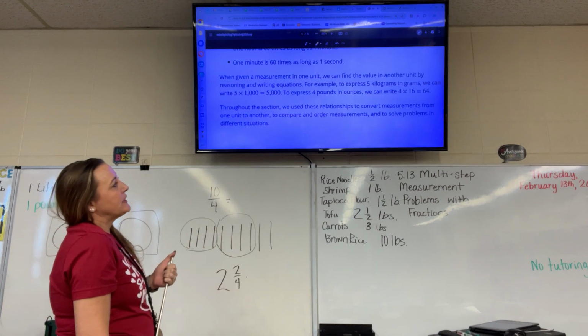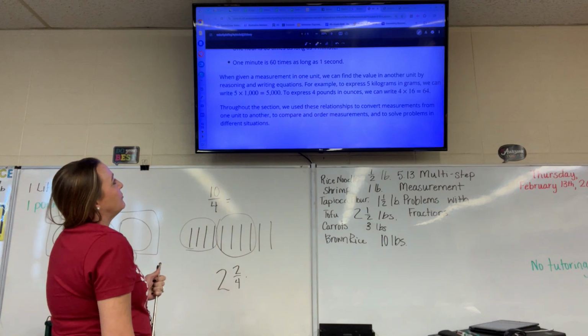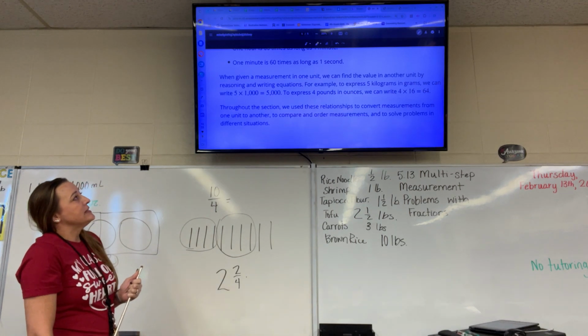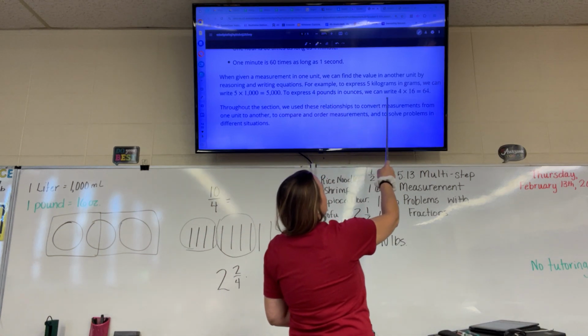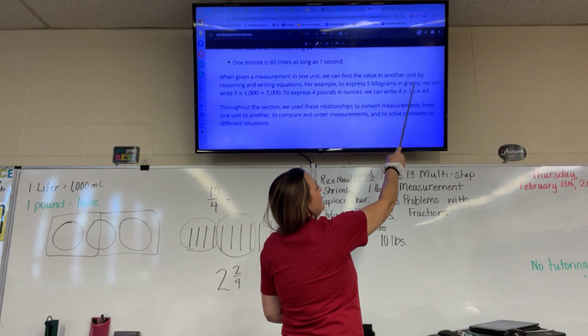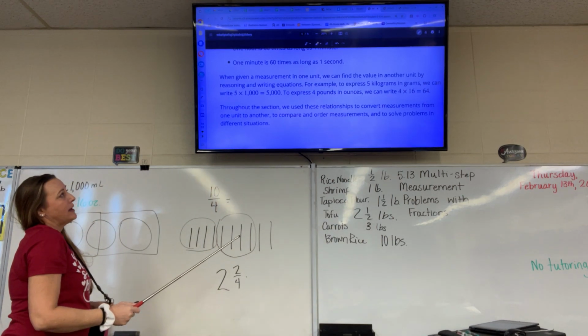For example, to express 5 kilograms in grams, we can write 5 times 1,000 equals 5,000. To express 4 pounds in ounces, we can write 4 pounds times 16 ounces per pound equals 64 ounces.